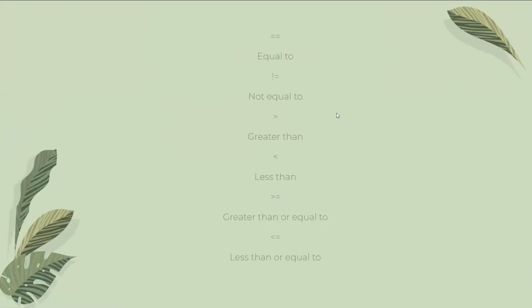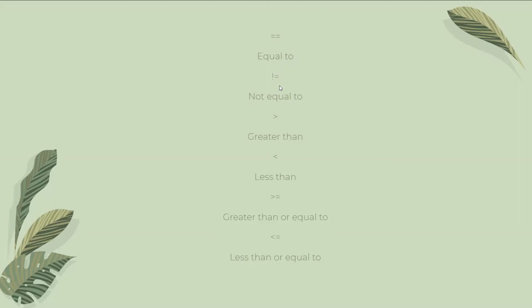A condition is going to use these operators, and you're going to be comparing a value to another value. It could be a whole number and a variable you created, or two variables, or two numbers. It could be anything using these comparison operators. Two equal signs represent equal to, like if 5 is equal to 5, then that condition will be true because 5 is equal to 5.